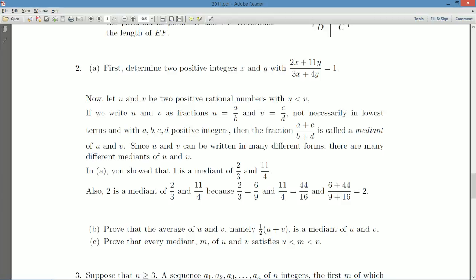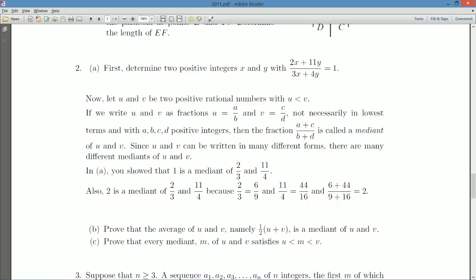Okay, so we could have 2 over 4 if u was a half. We could definitely have that. So not necessarily in lowest terms, and with a, b, c, and d positive integers. Okay? And then the fraction (a + c)/(b + d) is called a mediant of u and v. Since u and v can be written in many different forms, there are many different mediants.